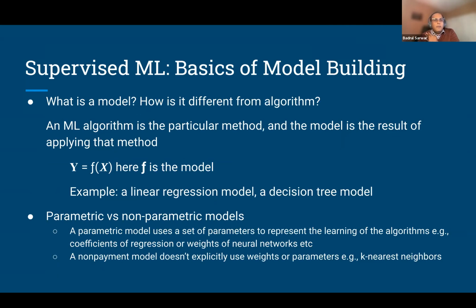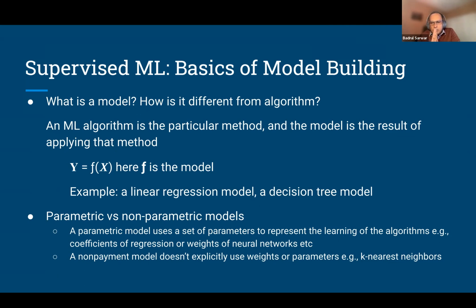Okay. Now let's talk about what we understand by model. So far we've been talking about models, but what is a model and how is it different from algorithms? We hear these terms, machine learning models versus machine learning algorithms.